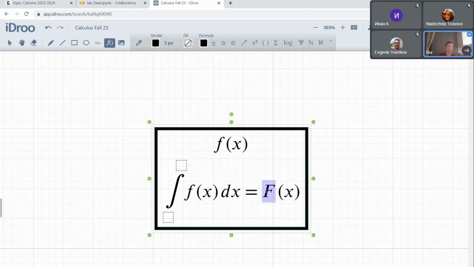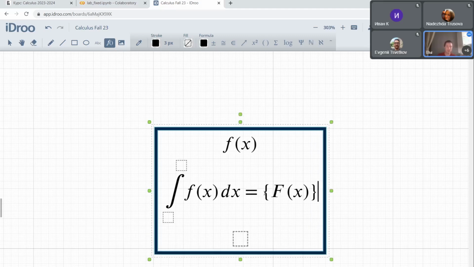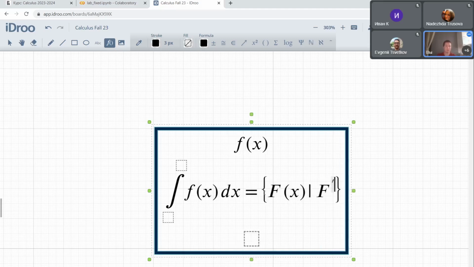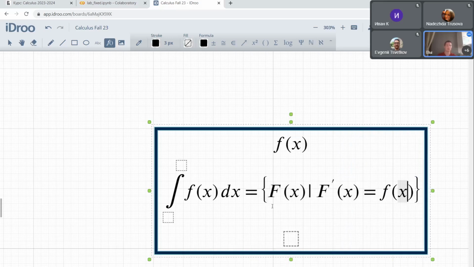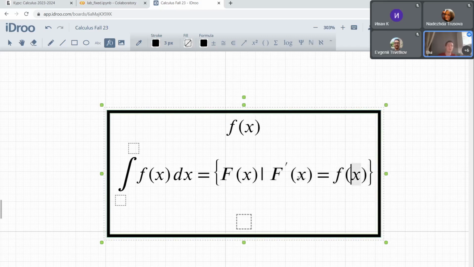Here you have f(x), and when you draw the symbol of the integral without a lower bound and upper bound, you build a set of functions such that their derivative equals your function inside the integral.